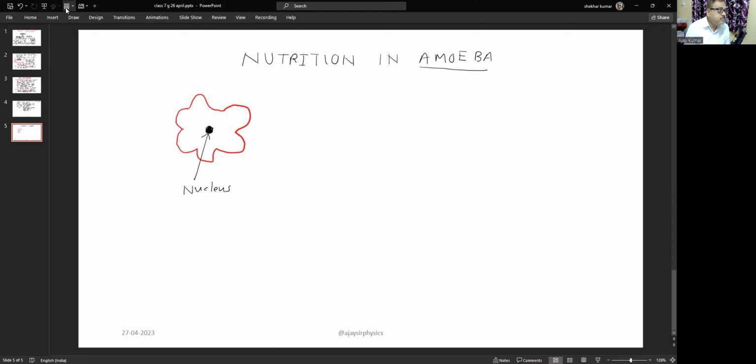And this is the part of amoeba. Yes, now it looks very good. Now we see here how this amoeba takes food.